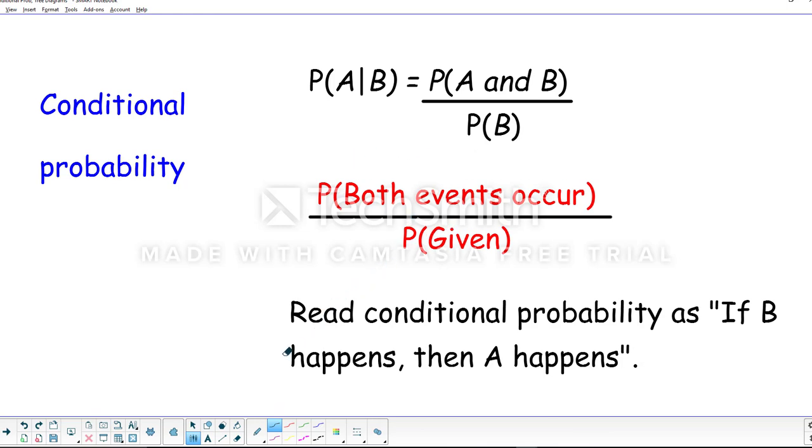Other ways we can think about it is that we read conditional probability as if B happens, then A happens. We can think about these as if-then statements quite a bit, and it makes it easier.